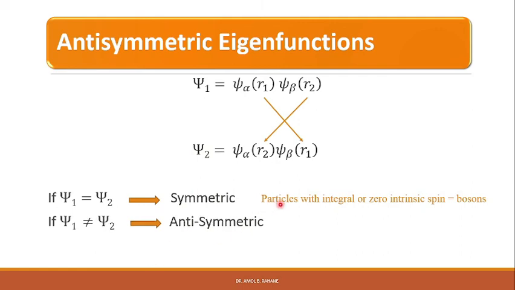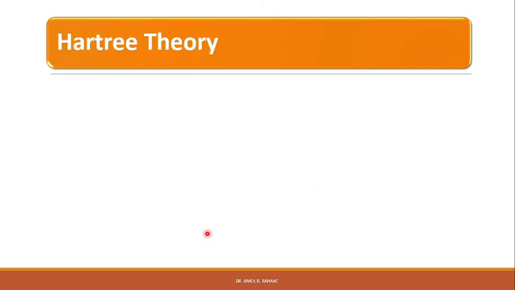Particles with integral spin, that is bosons, show symmetric wave functions, and particles with half integral spins, that means fermions, that means electrons, have antisymmetric wave functions, right? So we need to take the antisymmetric wave functions into account, but this makes it a very complicated procedure, right?